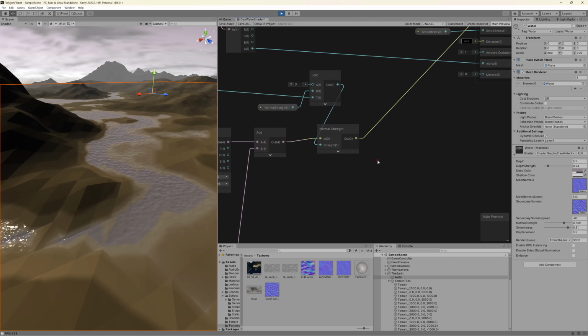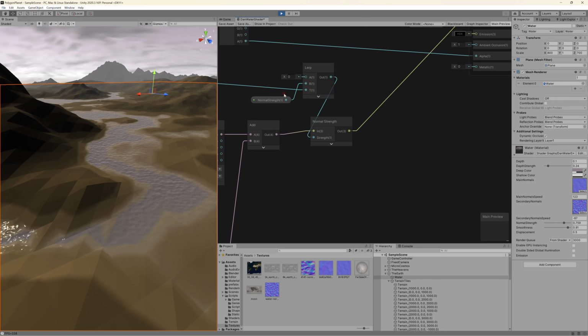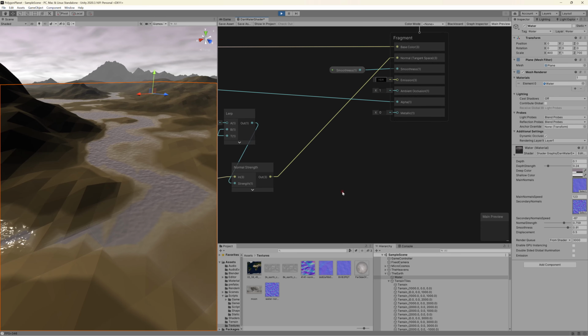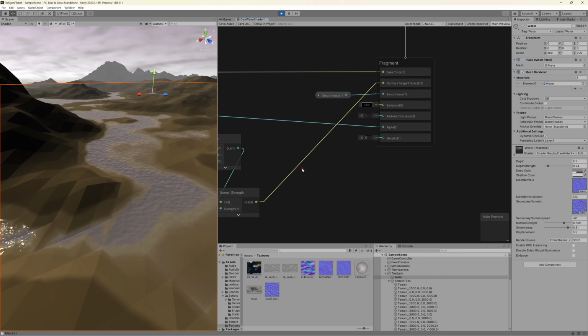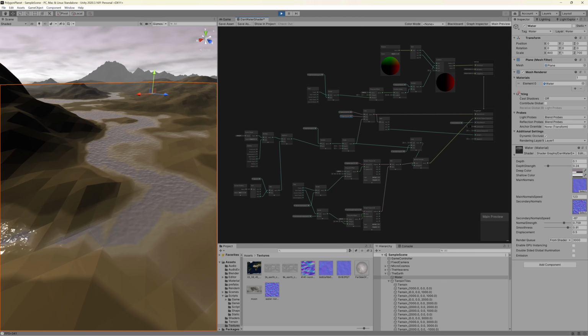That was effectively working out the depth of the water, or giving a surrogate for the depth of water, and we're applying that for the strength of the normal map, and that comes out here. So that's roughly how it works.